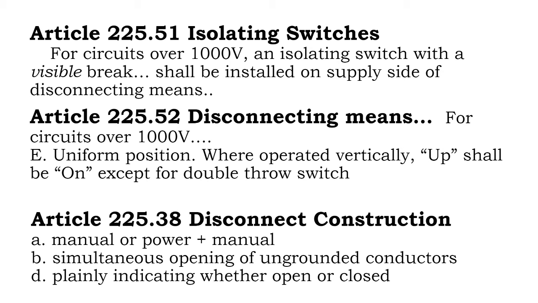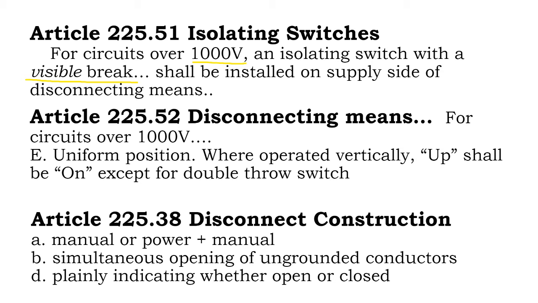Here we have the basis for that knife switch disconnect. It says for circuits over 1,000 volts, the switch needs to have a visible break, which means you need to be able to look inside. With a breaker, you can't see the disconnect. You can't visibly inspect it.